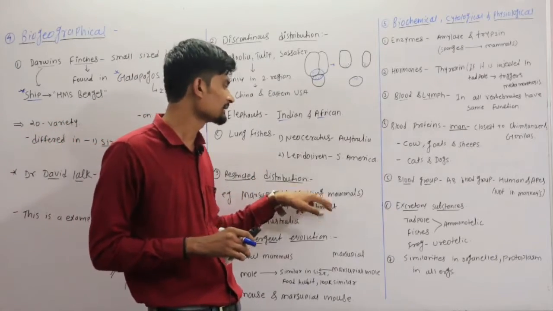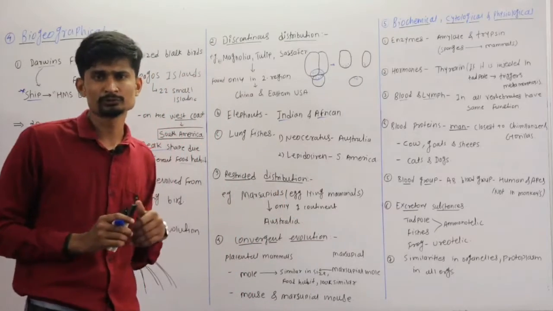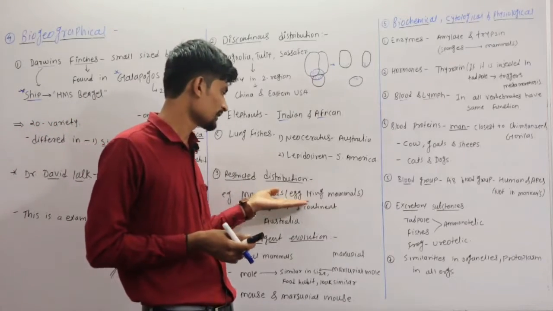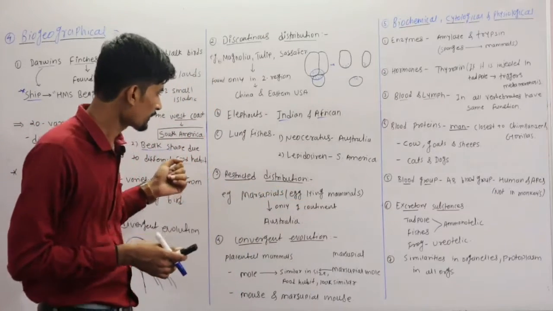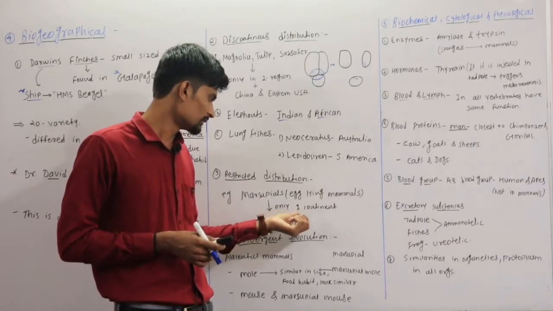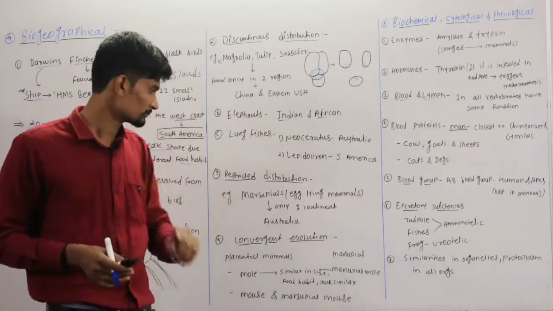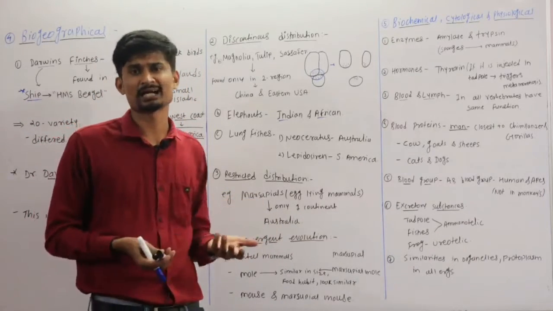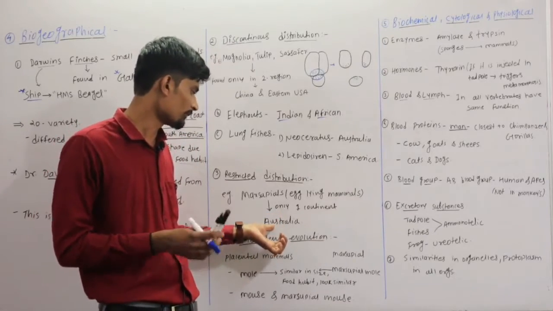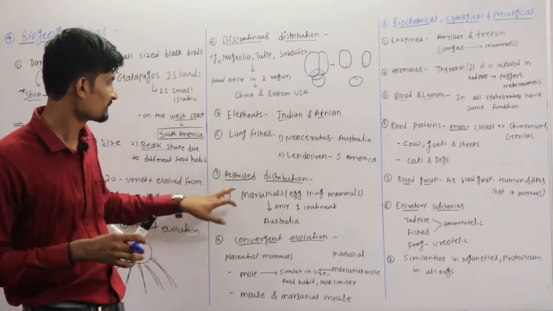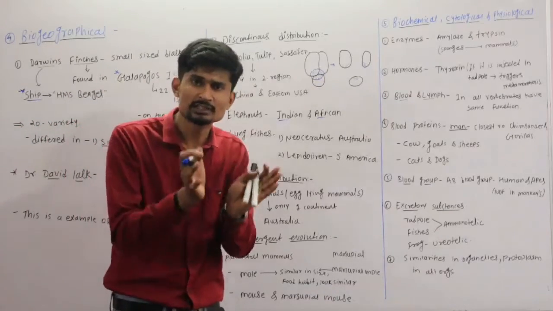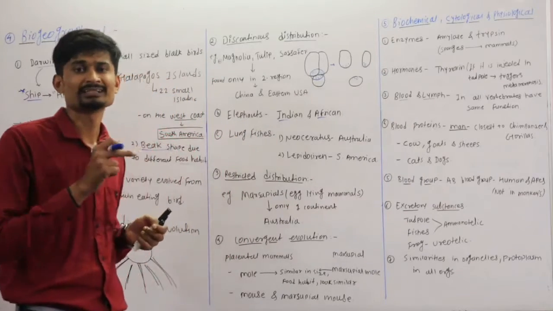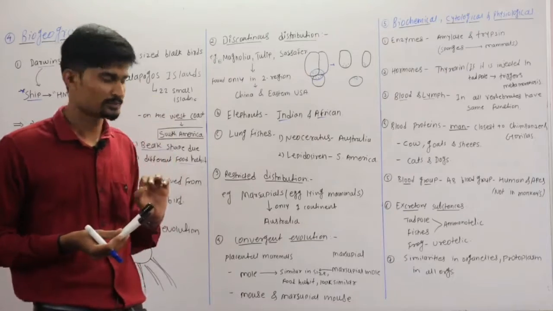Generally mammals give birth directly to young ones, but marsupials are found only in one continent, that is Australia. One example of a marsupial is the kangaroo, which is found only in the Australia region. That is restricted, meaning this species is restricted to only that region or that continent. So that is restricted distribution of the species.